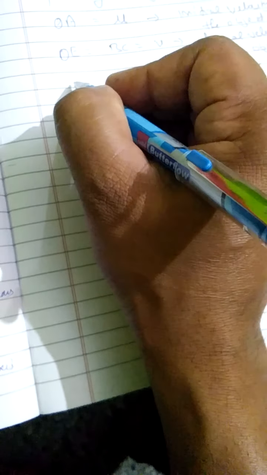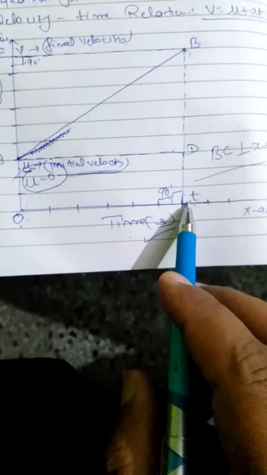Okay, the time interval, that is T, is represented by OC. Okay, it is equal to T. You can say that OC is equal to time T. Okay beta, because here is OC, this is the time.